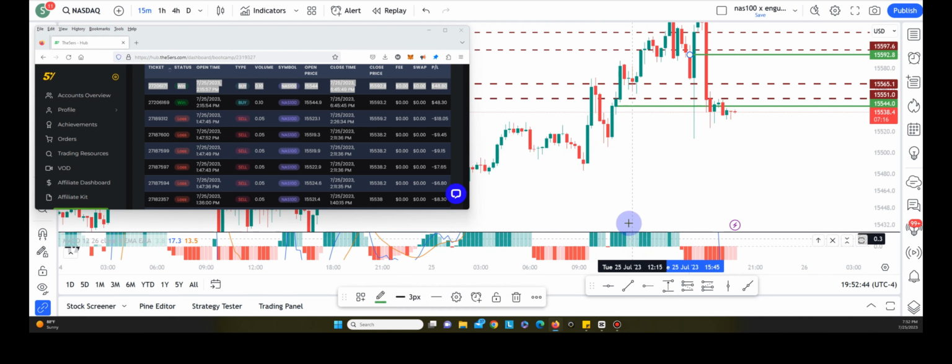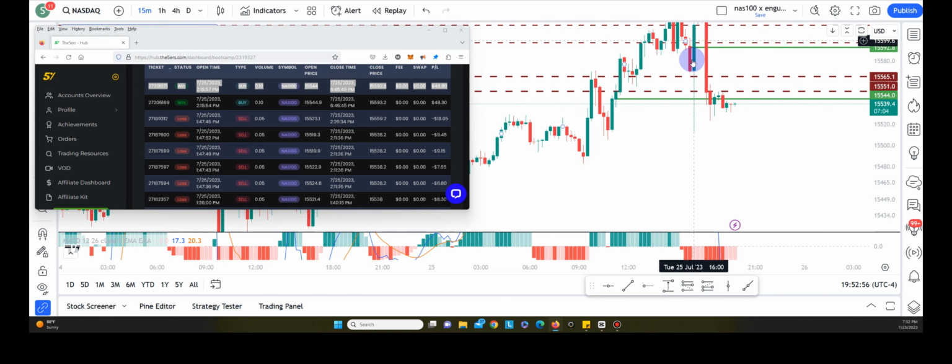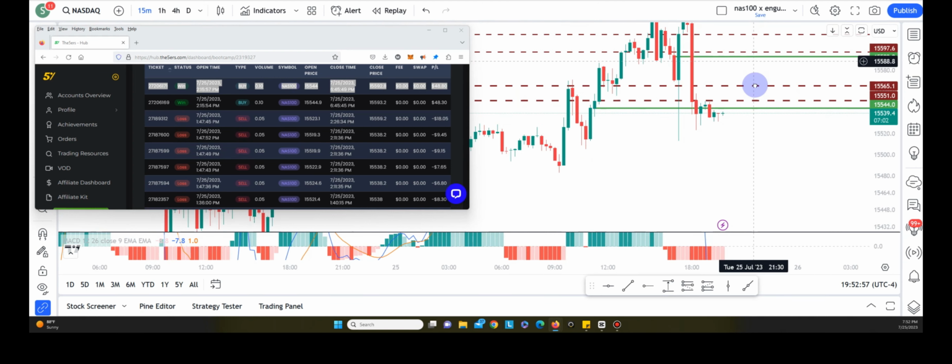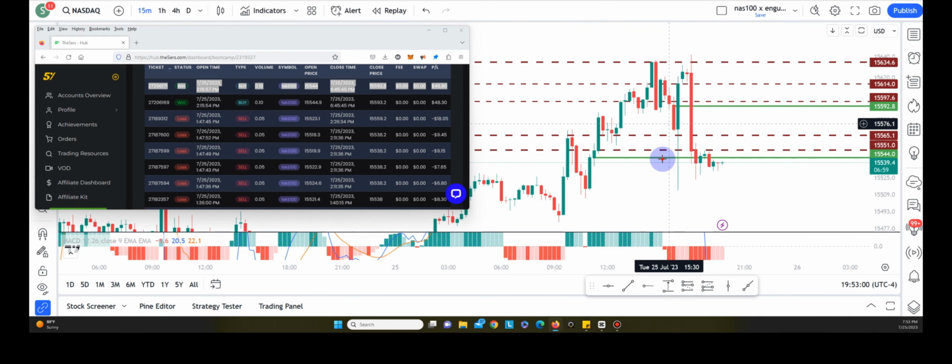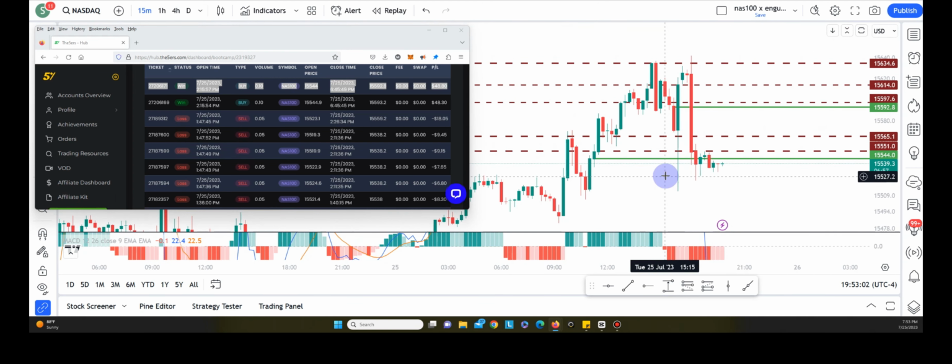Yeah. So this is where I entered to the buy side. I actually manually closed it because it looked like it was reversing here. It would have actually hit my stop loss if I had held this trade, because this candle is big enough to basically take out all of this downside before moving up, which is crazy.